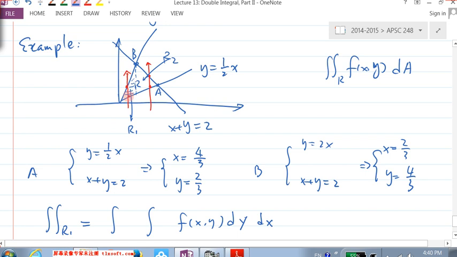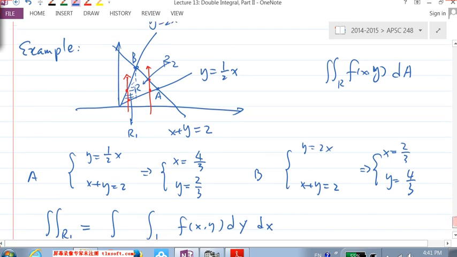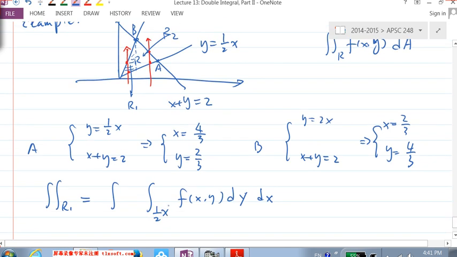First contact is y min, second contact is y max. So y min is 1/2 x, and y max is the top one there, 2x. For x min and x max, you find them by sweeping this reading line horizontally across region R1.